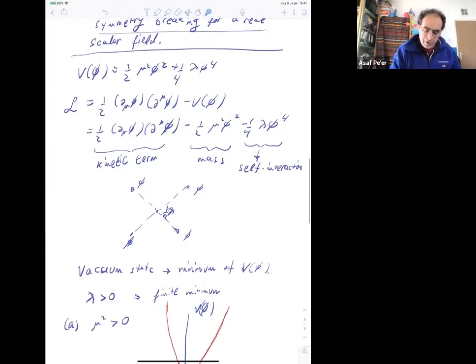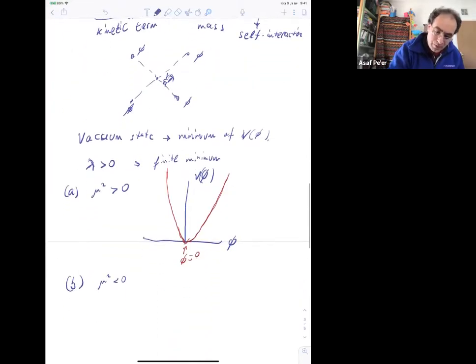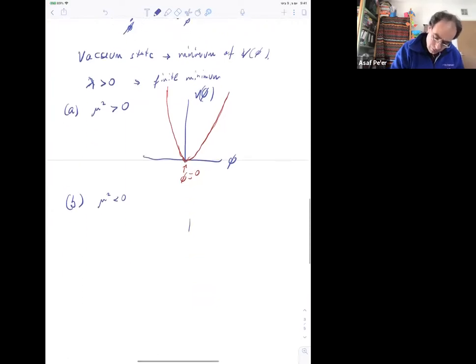And if we draw the potential, this is phi and this is V of phi, then the potential now would look something like that.